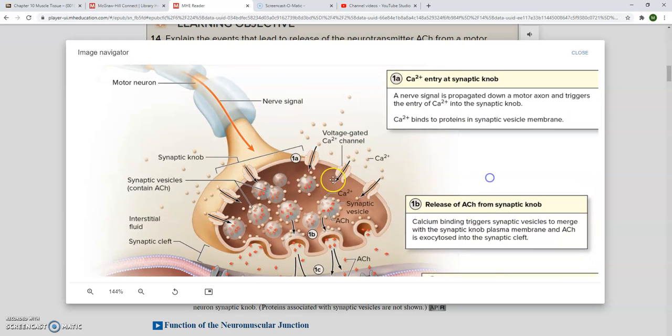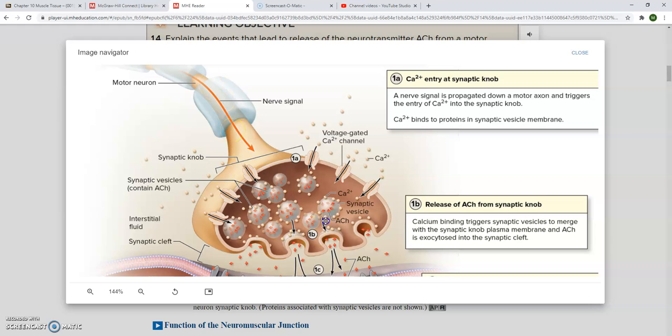So what happens with the tetanus condition, the bacteria will cause the neuron to send too many action potentials. It will continue to stimulate this motor neuron to send an action potential, send an action potential, send an action potential, one after the other.